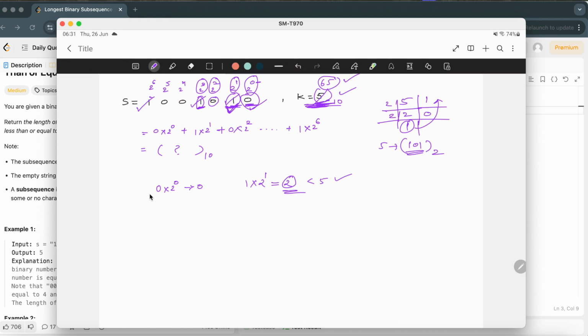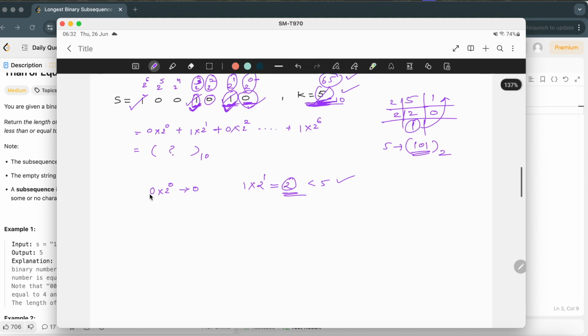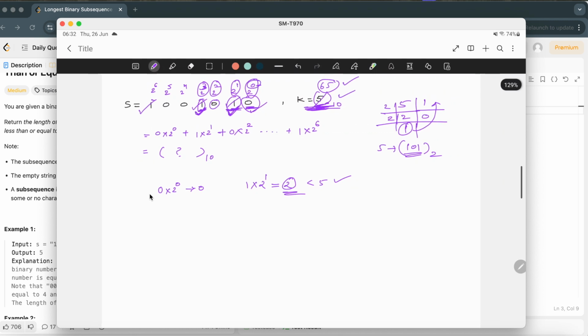So the first idea that comes to mind is, wherever a one appears, we multiply it by 2 to the power of the relevant value. Ultimately, whatever powers 0, 1, 2, 3 we are considering, those are basically the index.